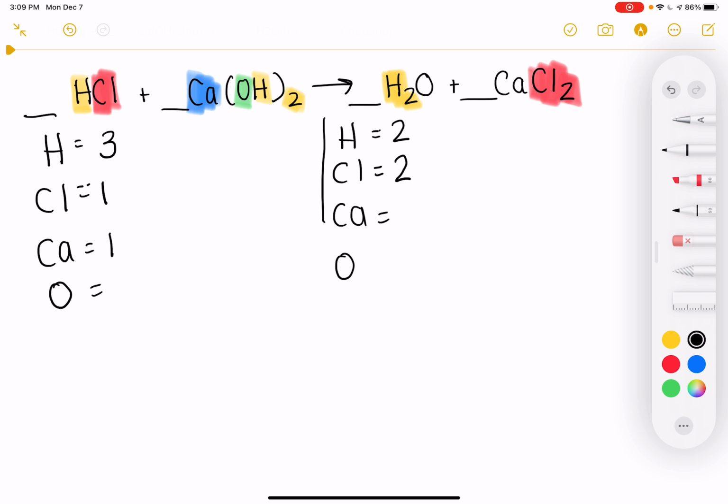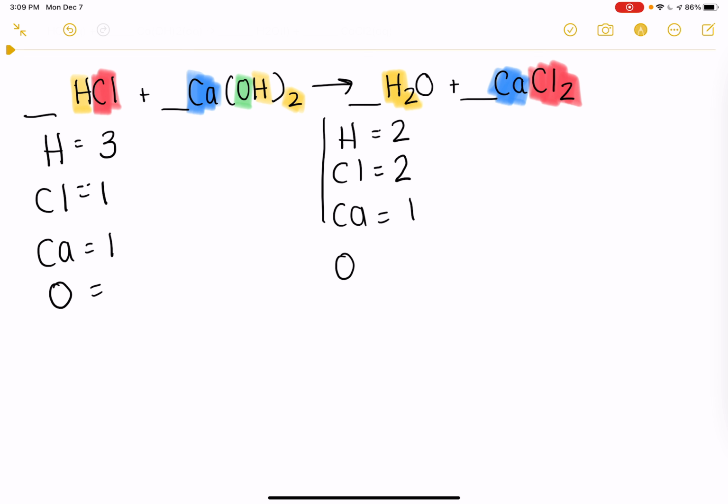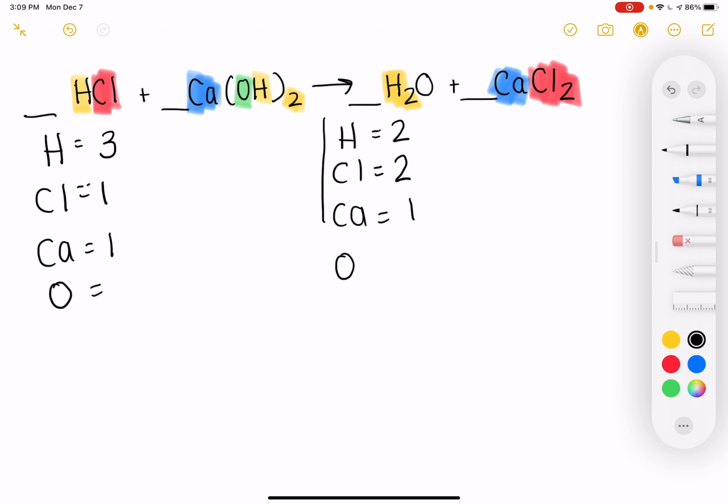For Ca, there's no number below it, just the Ca on its own, so that means 1. And then our last one is oxygen. That one I have in green. There's no number in front or below, so that would be a 1.